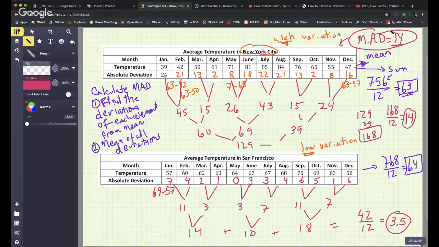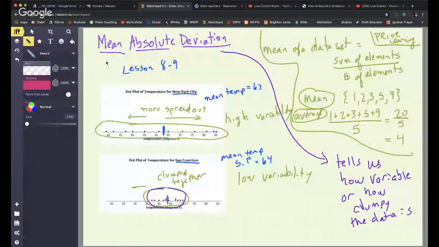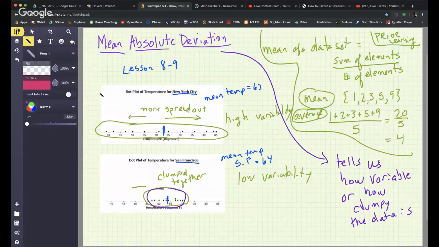So here's the idea. If our mean is 63 and 14 is our MAD, and here our average is 64 and our MAD is 3.5, let's go back and look at our initial data set. We said this is more spread out. The way that we describe it is, here our mean is 63 and our MAD is 14.